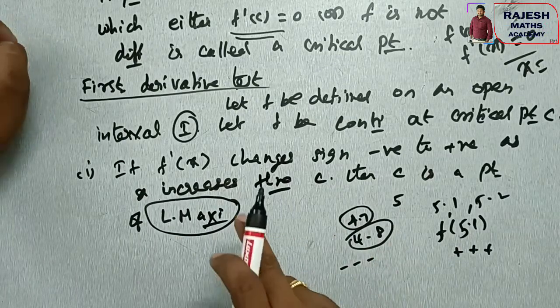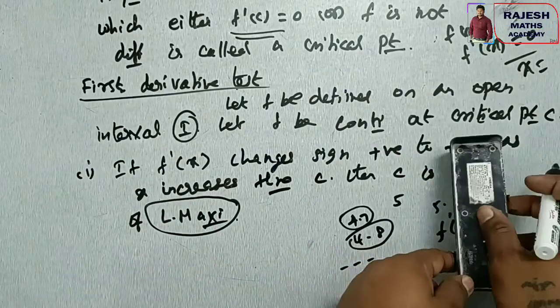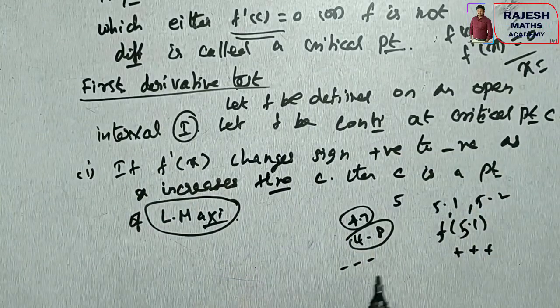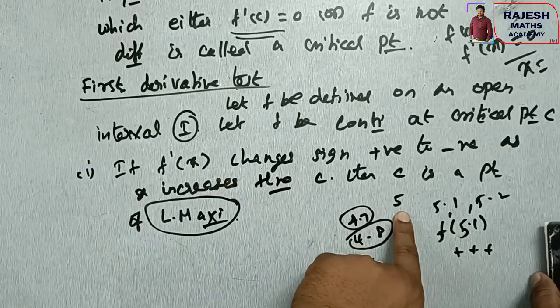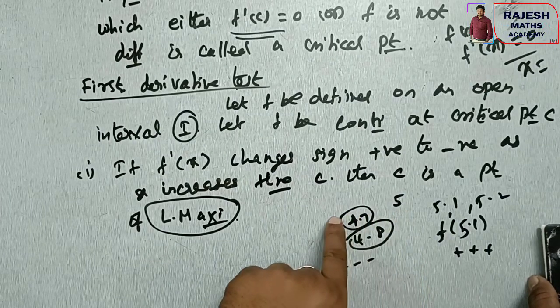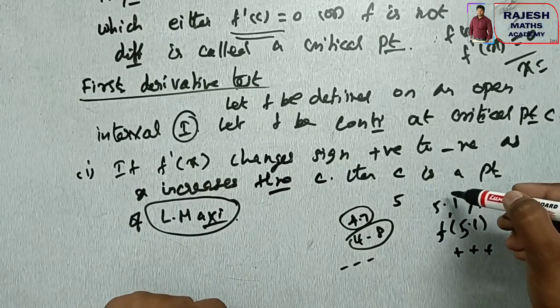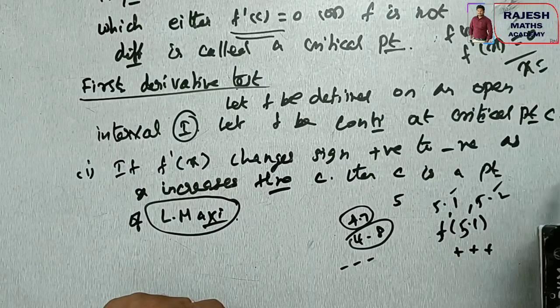Same definition: if f dash of x changes sign from positive to negative. Taking the same point C equal to 5, the left side of 5 has 4.7, 4.8, 4.9 and the right side has 5.1, 5.2, 5.3.